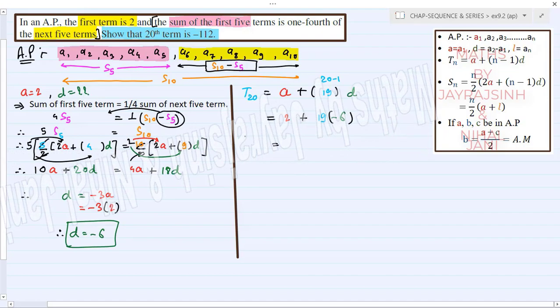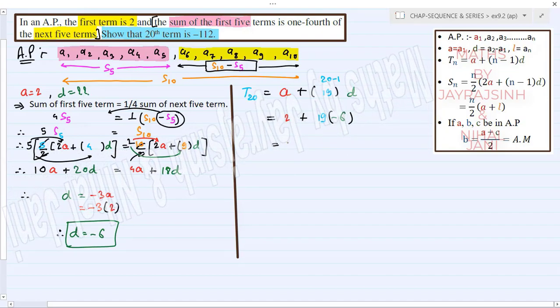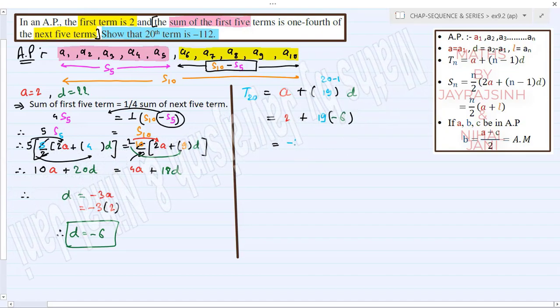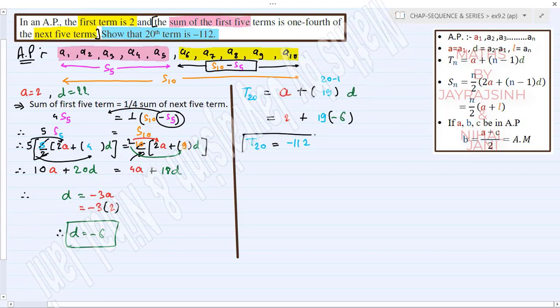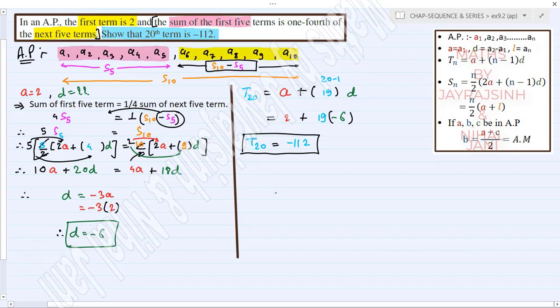So we will get minus 112, which is your 20th term. Hence proved. Ta-da!